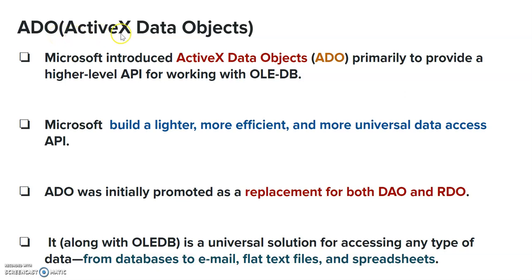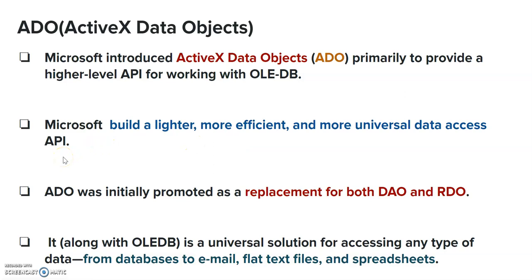ADO stands for ActiveX Data Object. It provides a higher level API. An interface will be provided, and this interface will interact with the OLEDB, and then this OLEDB indirectly interacts with your data source. So it is a lighter, more efficient, and more universal data access API.